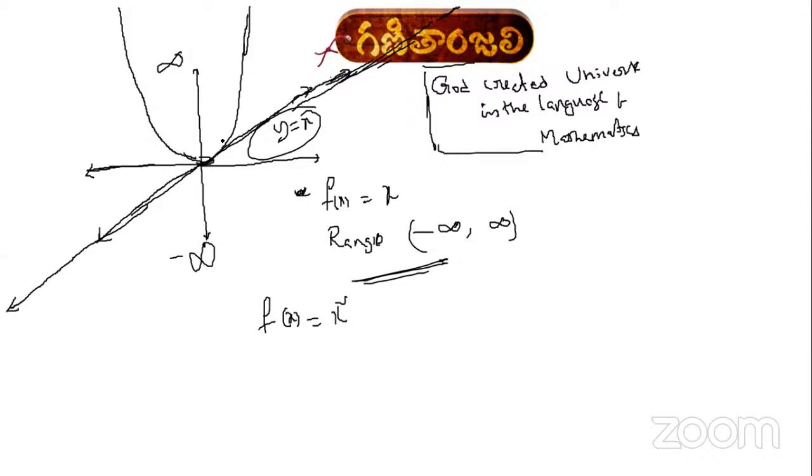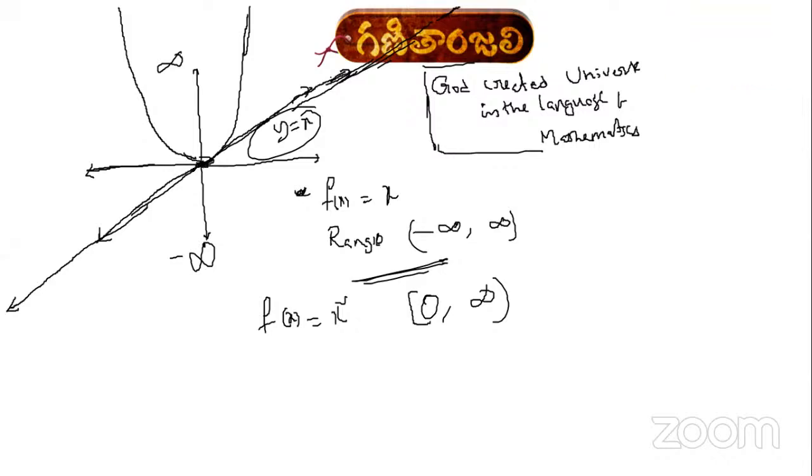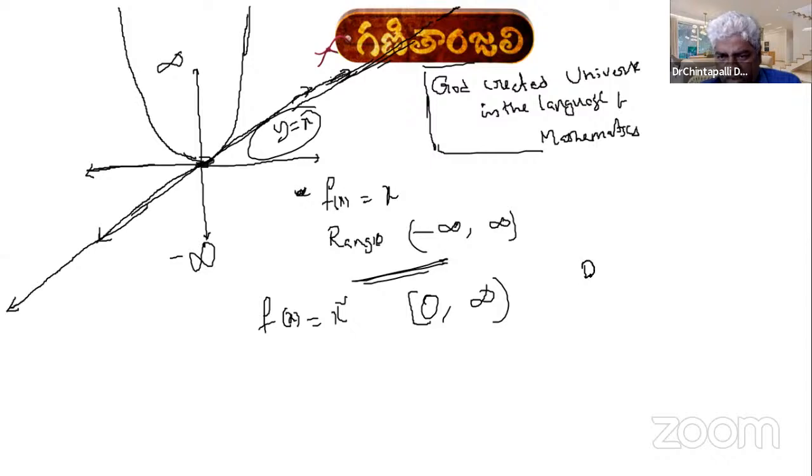So it will be from 0 to positive infinity, including 0, because 0 is there. So the range of this function is 0 to infinity.